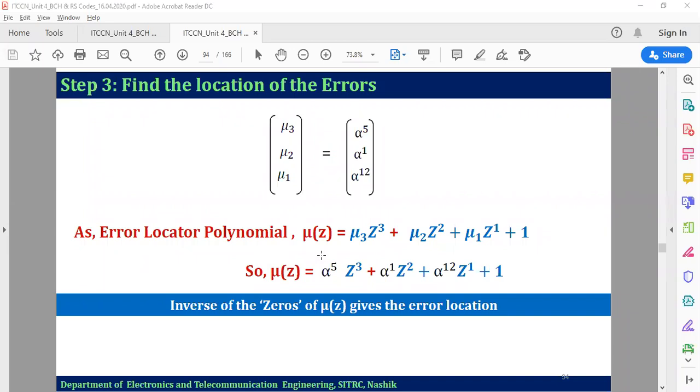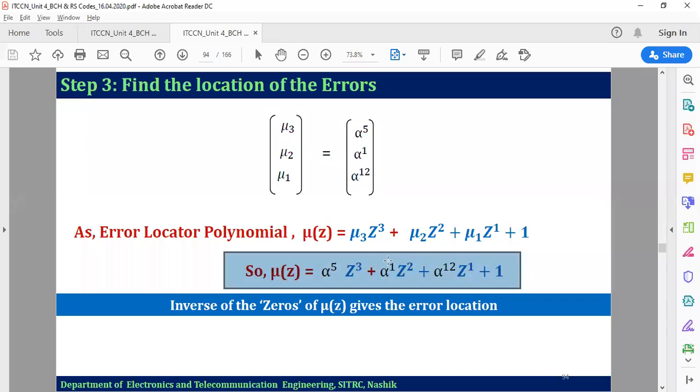But here there are three coefficients, that is mu3, mu2, mu1, and obviously the inverse of these roots or zeros of mu z will give the error location. So your mu3, mu2, mu1, you will replace this. I hope this is clear.